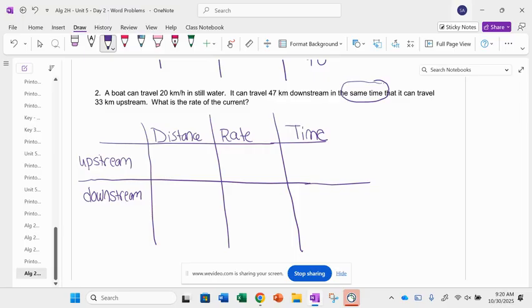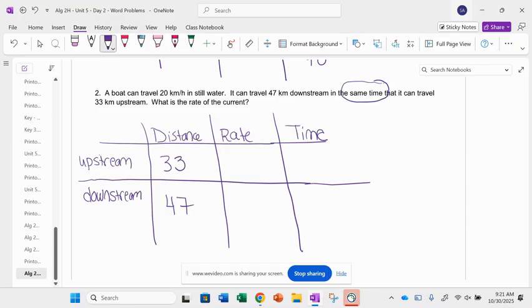So what is that 20 kilometers per hour? Isn't that their base rate without being helped or slowed down? That's their base rate. It can travel 47 kilometers downstream. So where am I putting that 47? Distance for downstream, 47 kilometers. And in the same time it can travel 33 kilometers upstream. So do we agree that 33 goes for the distance for upstream?